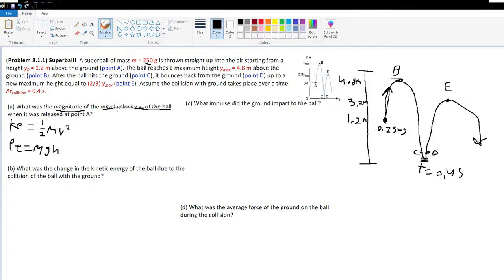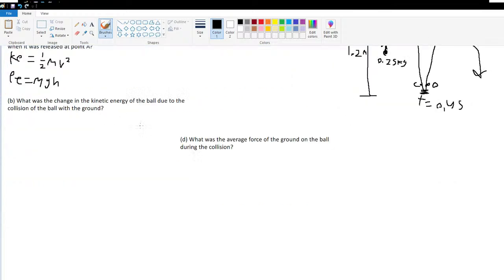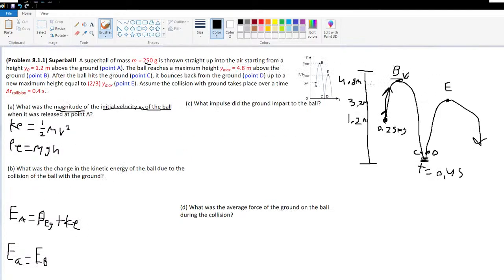So if we're trying to figure out the velocity here, we don't know how fast it's moving, but we know how much energy it has at the end. So we can figure out that when the ball was being thrown initially, its energy at point A is going to be equivalent to its potential energy at point B. Except at point B, there is no kinetic energy because it's not moving.